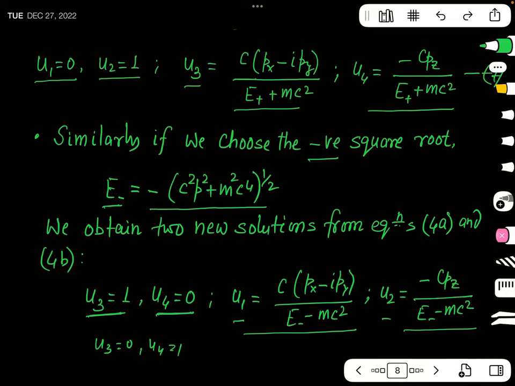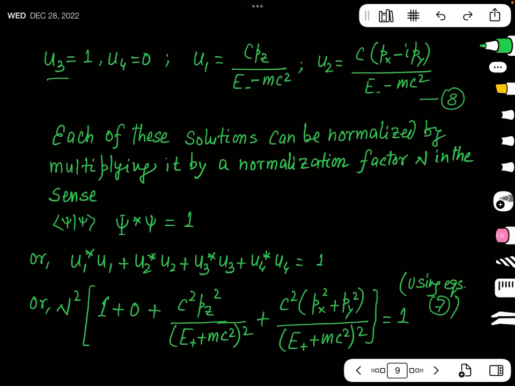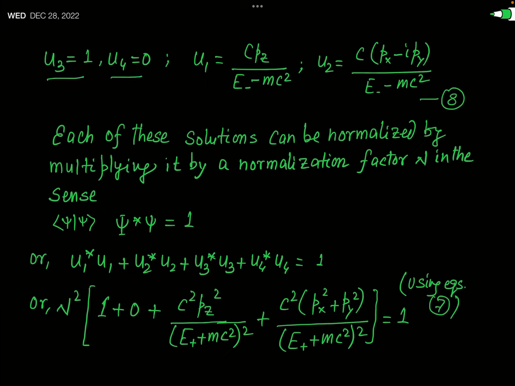Then again from those two equations you will get u1 equal to cpz over E minus mc square, and u2 will be c times (px plus ipy) divided by E minus mc square.